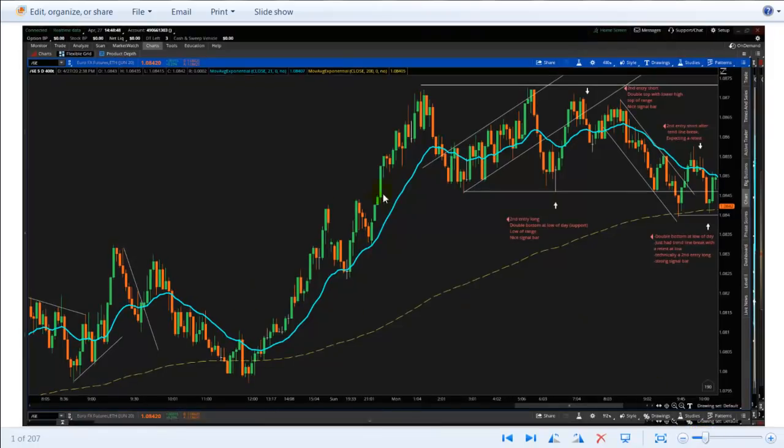This actually looks pretty good. I don't see a lot of failed fake outs or anything like that. I actually see some other trades on here too, but nice trend up. Anyway, wanted to show that and just show you that it works in other markets the same way.